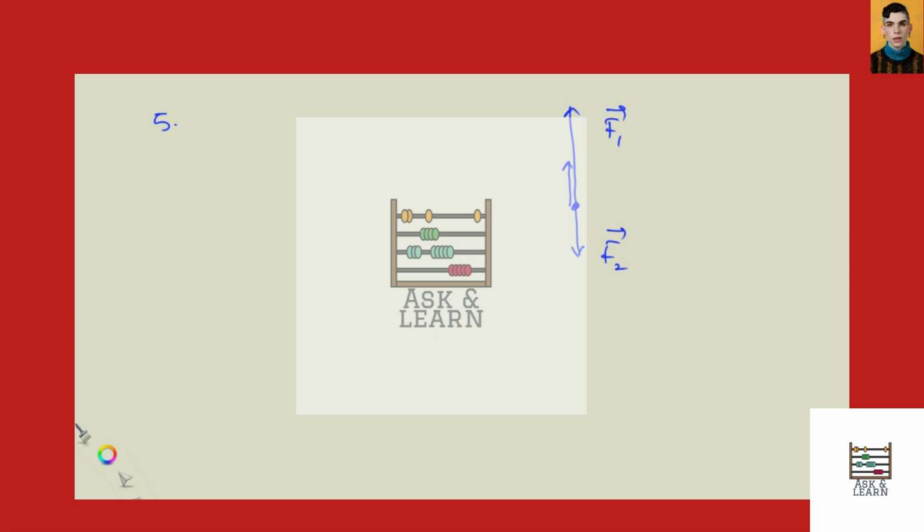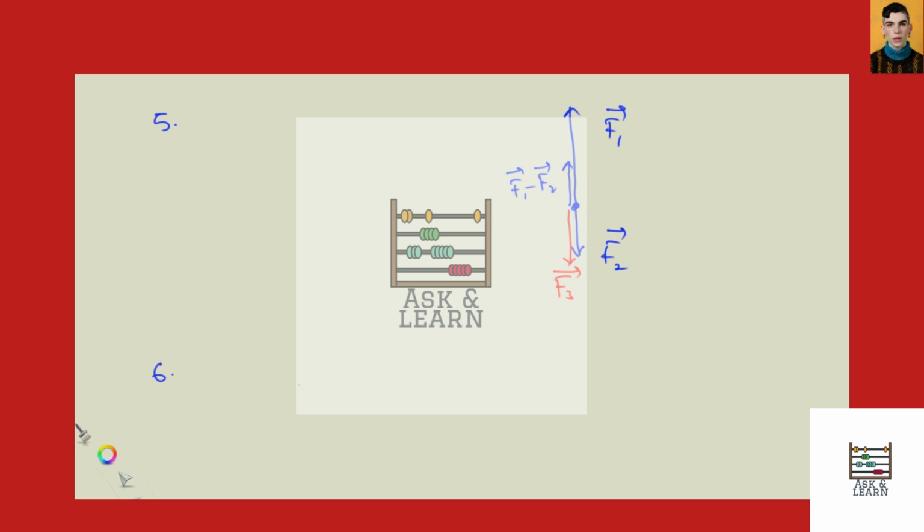So here we can say this is F1 minus F2, which is the resultant. So the third force having the same magnitude as F1 minus F2 but opposite in direction will be actually F3. So if we apply a force F3 like this, the object will come to rest.